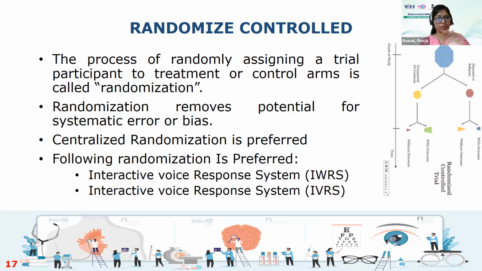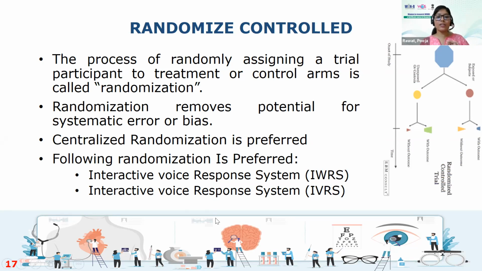In the case of the web system, you have a particular website allotted either by the sponsor or by the person who designed the trial. That person will give you a centralized link for randomization. Through that, you just enter the baseline parameters, and the system will randomly tell you that active treatment should be given to the patient, or that treatment B should be given.